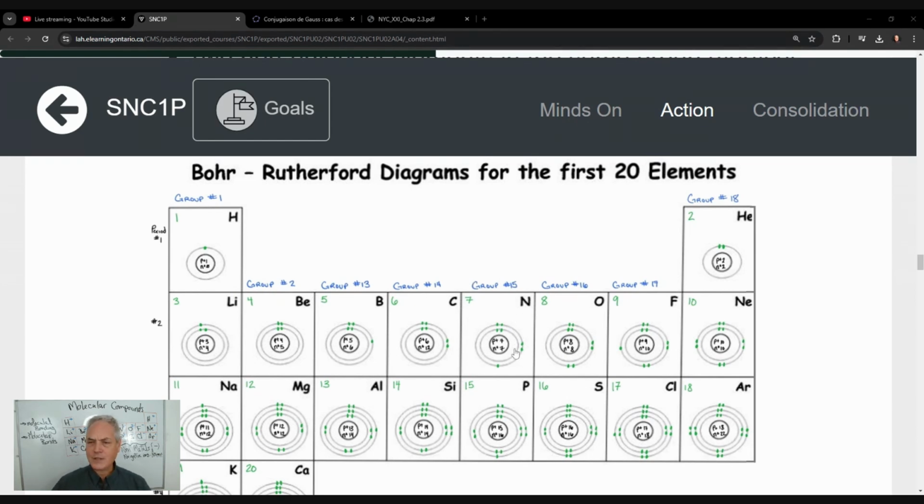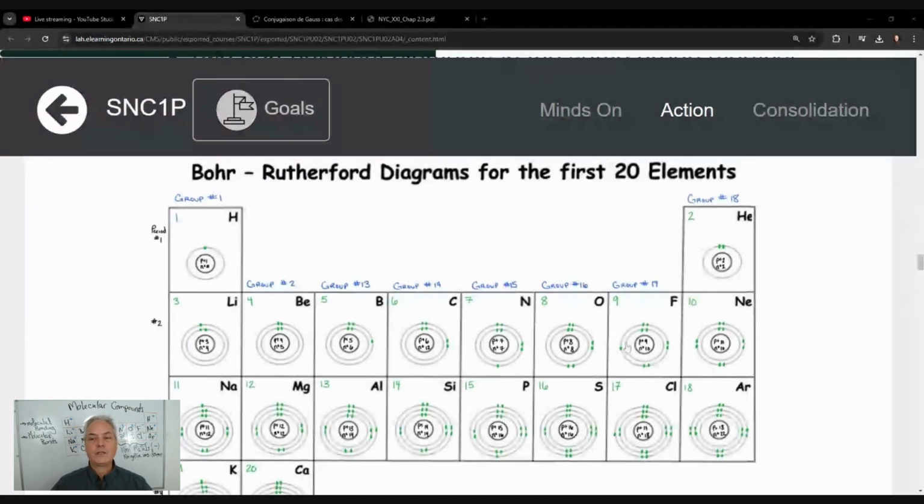So what's happening here? If you have non-metals, for example, fluorine has two goals in life: the same number of protons and the same number of electrons so that they can be neutral. But the second thing they want is to have a full outer shell, a full valence shell.